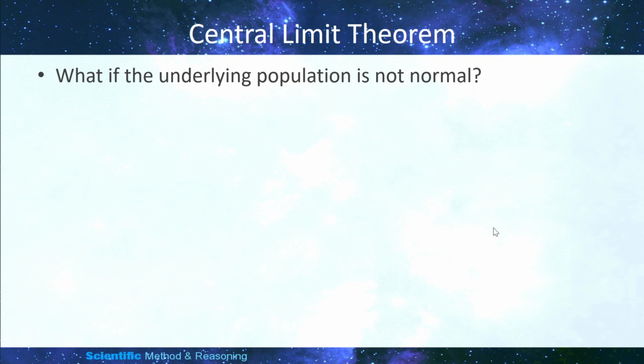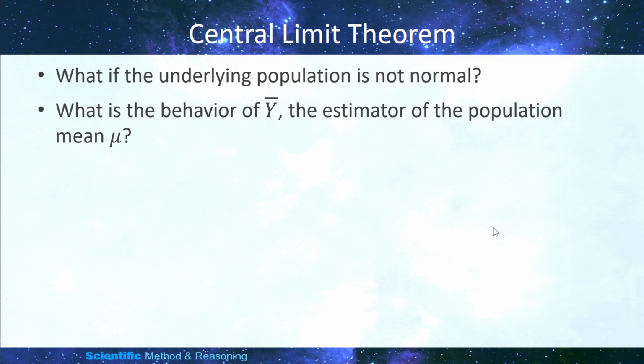That is what we call a binomial distribution. Then what can we do? What if the underlying population is not normal? And what would be the behavior of the sample mean, the estimator of the population mean mu, when the underlying population is not normal?